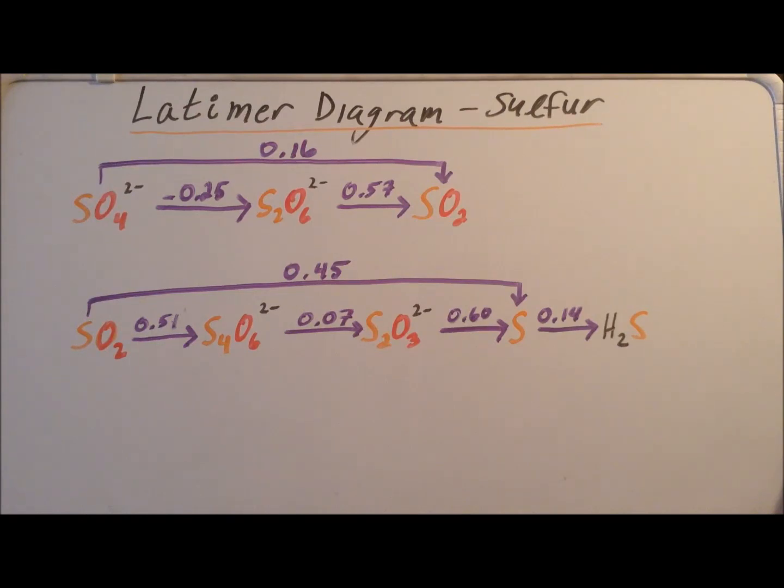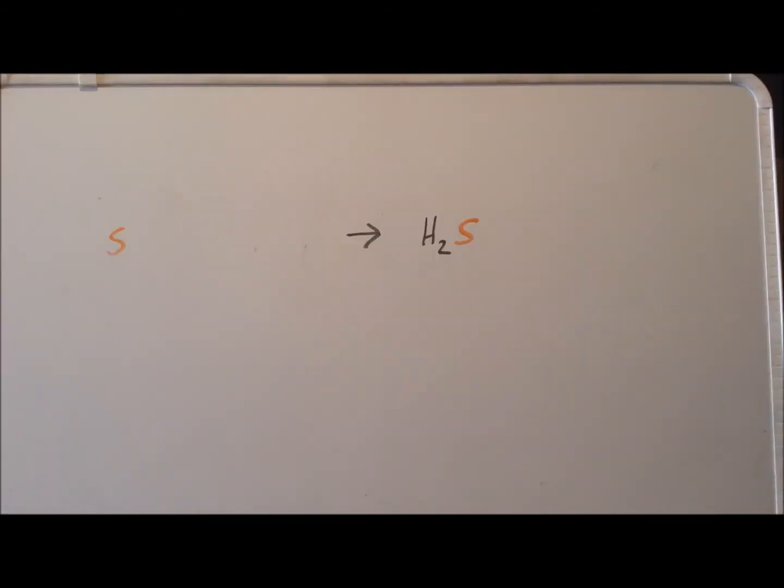For our last step, we're going to look at the reduction of elemental sulfur to hydrogen sulfide gas. The last reaction that we're going to look at for this particular Latimer diagram is going to be the reduction of elemental sulfur to hydrogen sulfide, which is a foul-smelling gas.